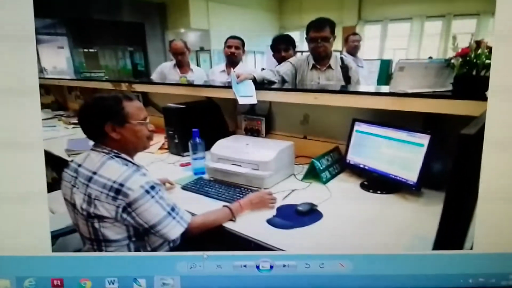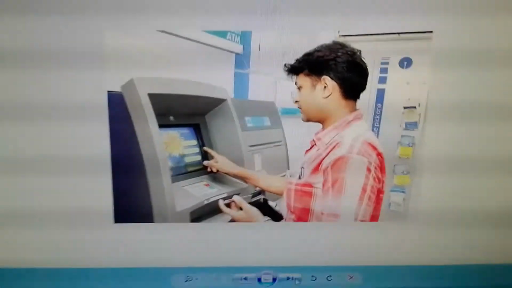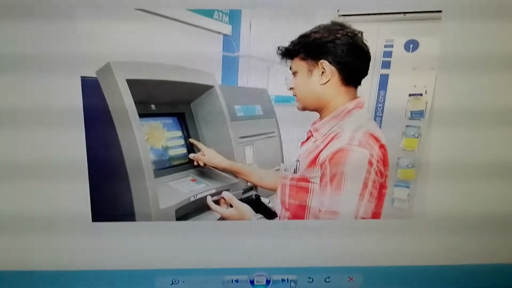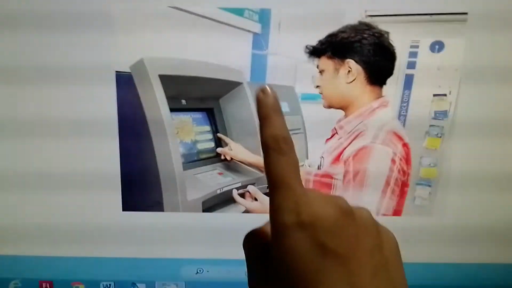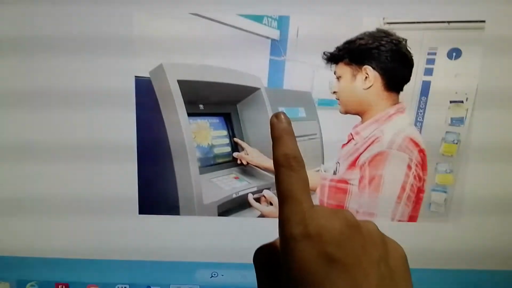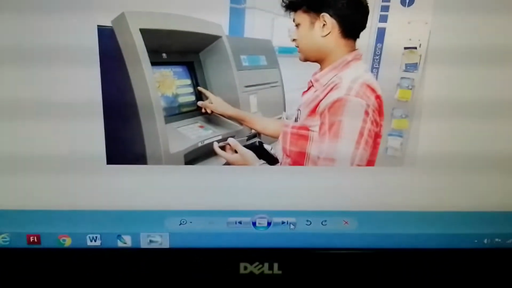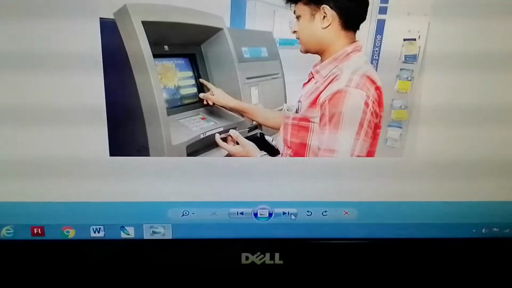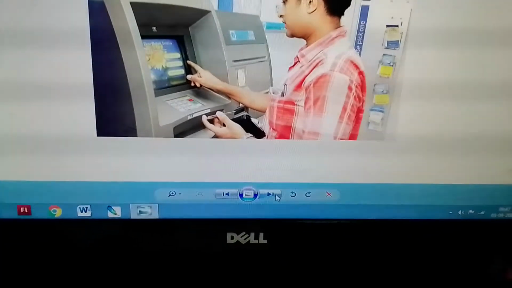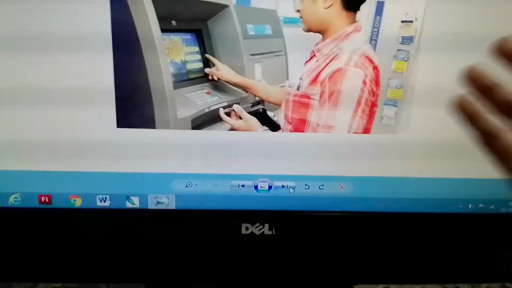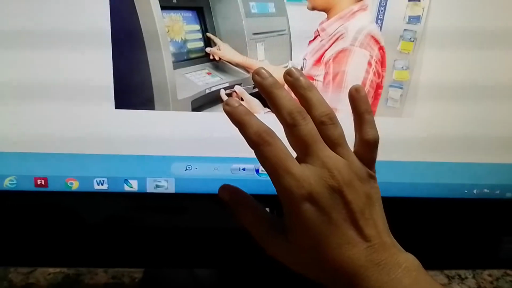Now let's go to next picture. This is a picture of an ATM machine. This man is using ATM machine for some bank transaction. What we can do in ATM? We can withdraw money, we can deposit money, we can transfer money. So ATM machines, computers are part of ATM machines.